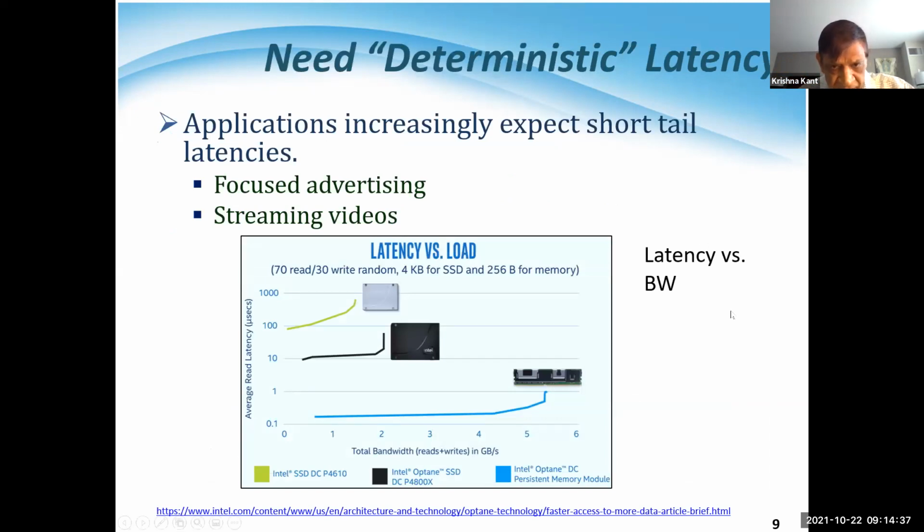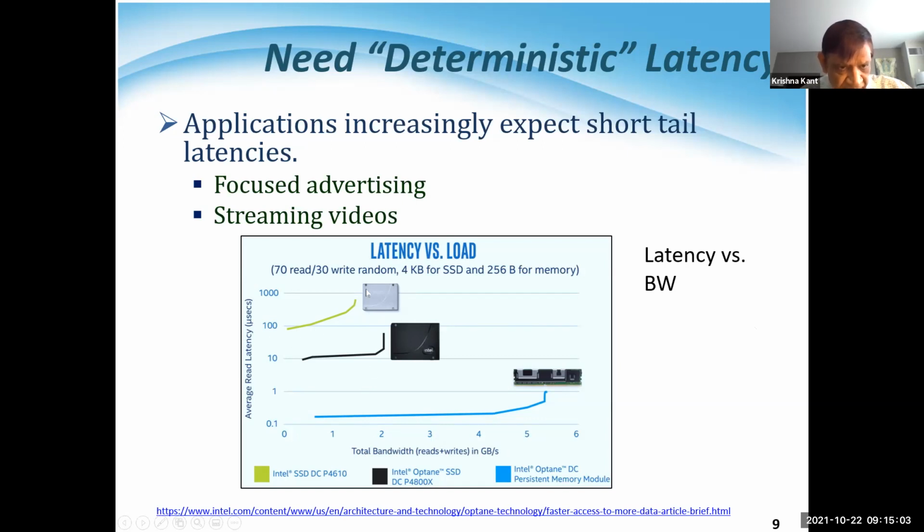Okay, so coming back to the tail latencies that I was talking about. This is a diagram provided by Intel, and it talks about Intel technologies. On the top, you see what happens to the SSD as a function of the total bandwidth that you drive.